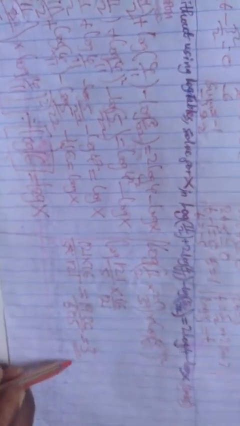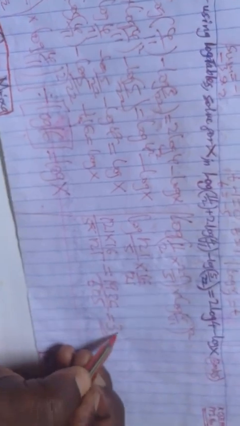According to the laws of logarithms, subtraction goes with division, hence log 3.2.